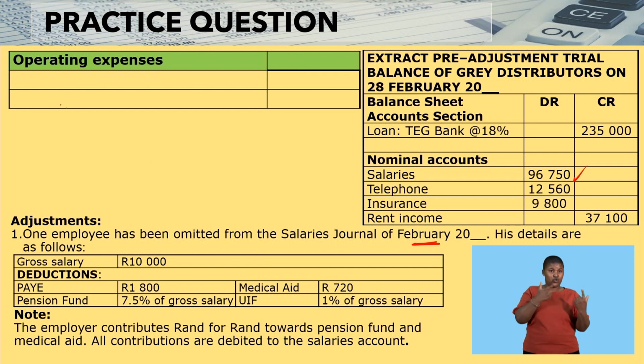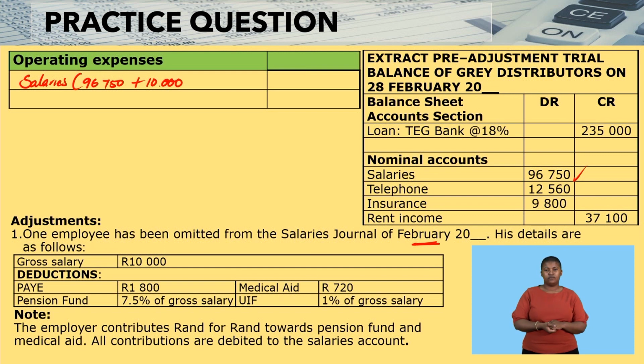So I'll come here and say salaries, and I open my bracket and put 96,750. When I am preparing my statement of comprehensive income, I need to record my gross salary, so I'll say plus 10,000.